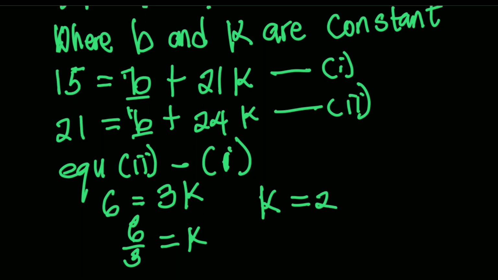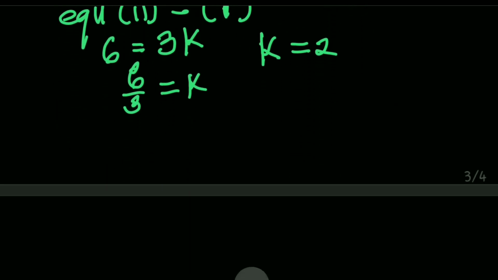So now we have the value of K, we need to get the value of B. To get the value of B, we can substitute in any of these equations. But it is easier to substitute in a smaller equation so that you avoid bigger values. And so I'm substituting this in equation 1.